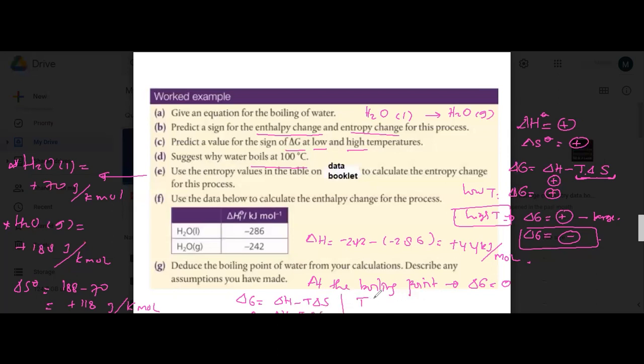So T delta S equals delta H. Now we can use the result from F, which is 44 kilojoules per mole.